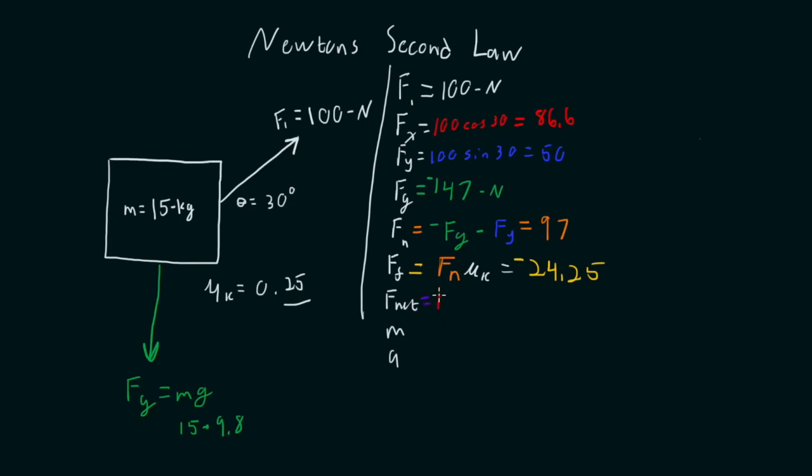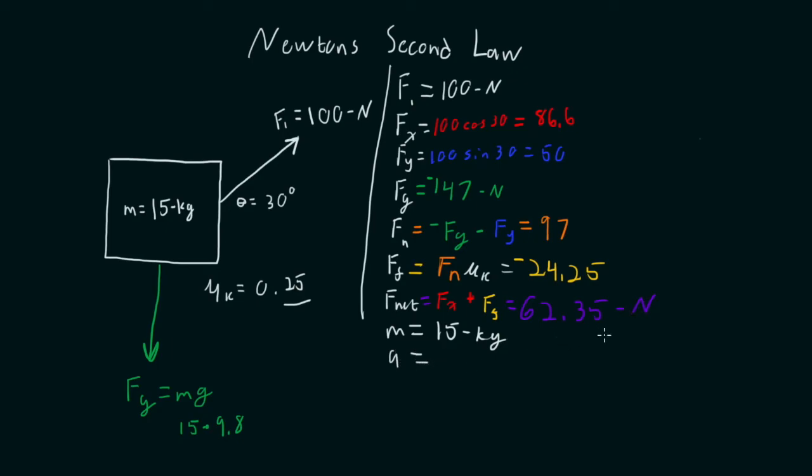My F net will be equal to my Fx plus my force of friction. That gives me 62.35. All right, that's in newtons, so that's my net force. So now I can use my mass, 15, to find my acceleration.